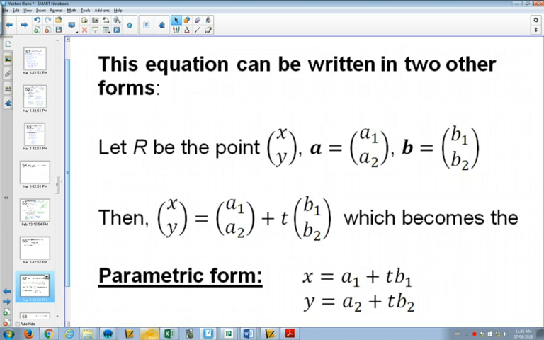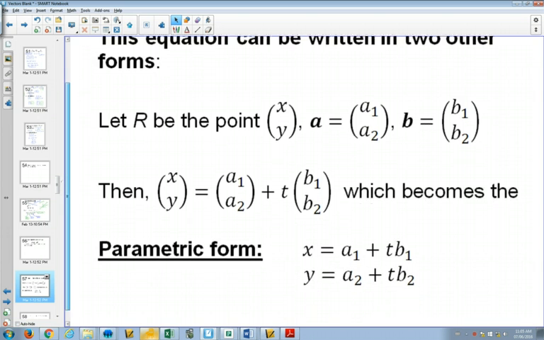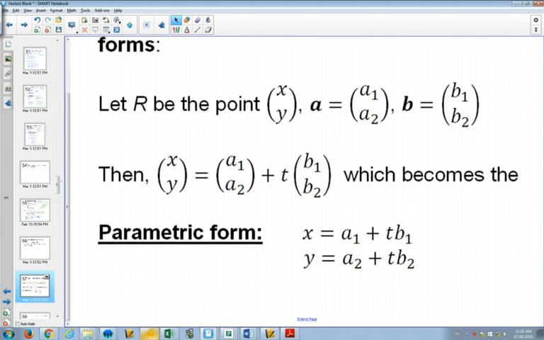So if we were in 2 dimensions, your vector would have x and y as its elements, and then you would have your direction vector and your starting point. If you looked at each individual coordinate, we call it the parametric form of the equation. Just looking at the x coordinates would be x equals a1 plus t times b1, and the y coordinate would be similar.